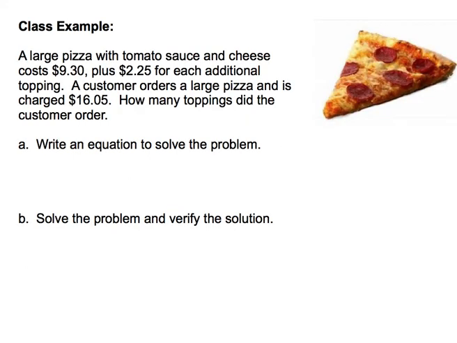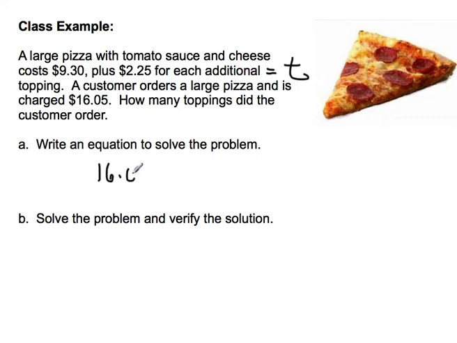And our last one, a large pizza with tomato sauce and cheese costs $9.30 plus $2.25 for each additional topping. So I'm going to call each additional topping, I don't know, T. A customer orders a large pizza and is charged $16.05. How many toppings?